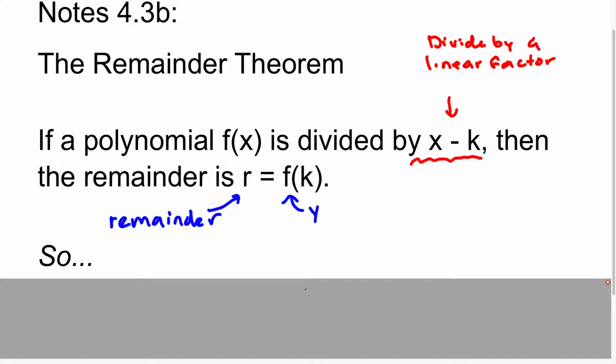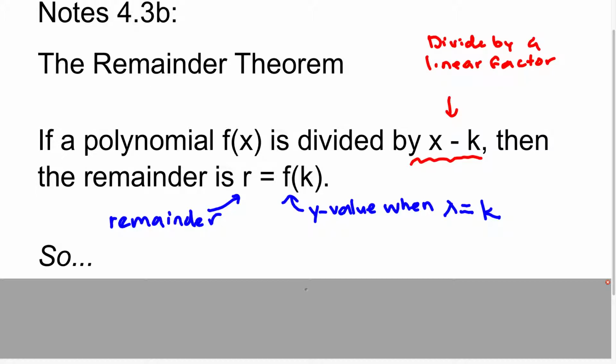Okay, so we're saying the remainder is the y value when x equals k. Because f of x is y for any given x that you would plug in. So if I ask you to do f of 5, you plug in 5 for x and you get an answer out for y, right?